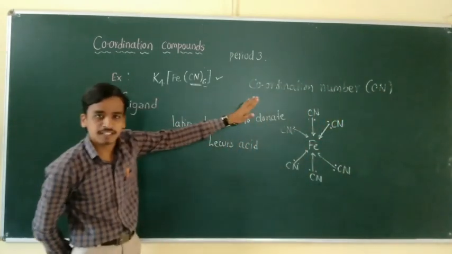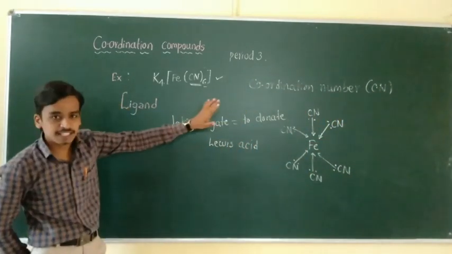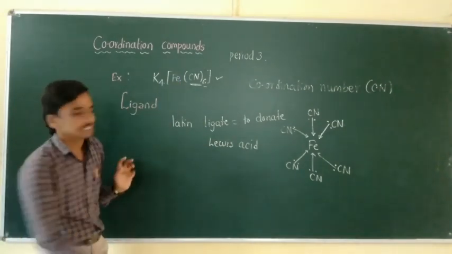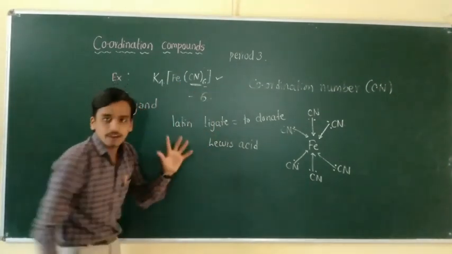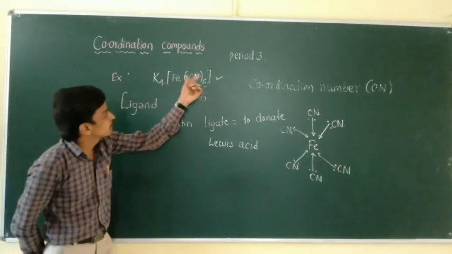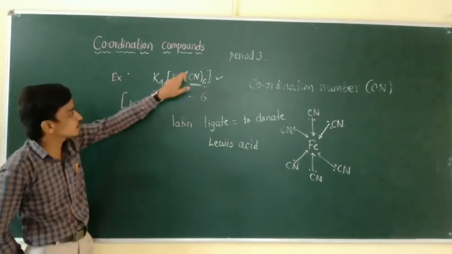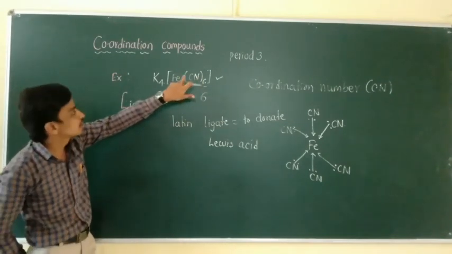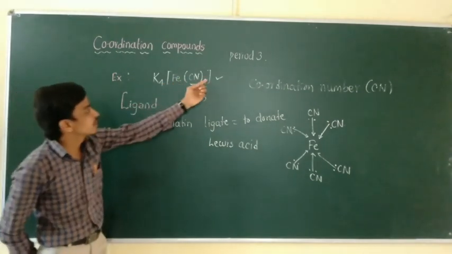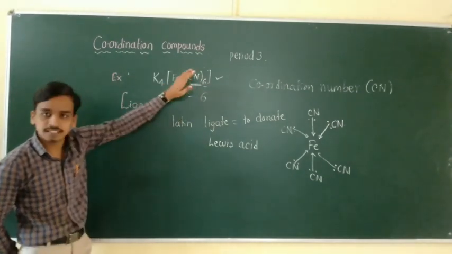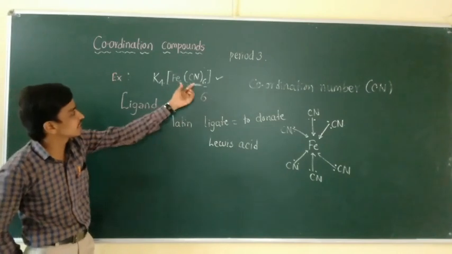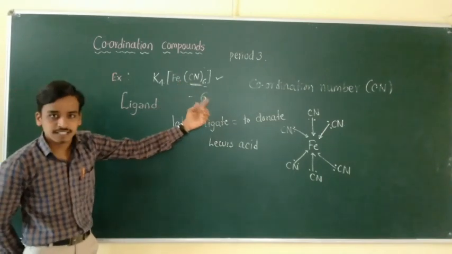The coordination number for this complex is 6. How is it 6? Within the square bracket, that is within the coordination sphere, the central metal atom receives a total of 6 lone pairs of electrons. Due to this reason, its coordination number is 6.